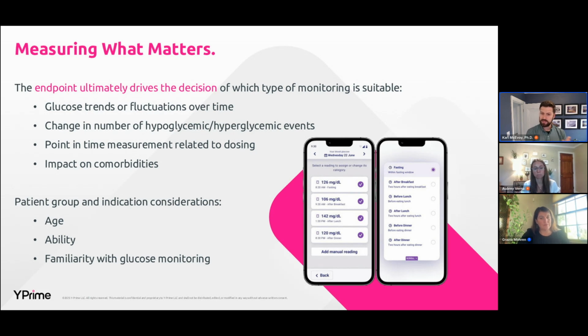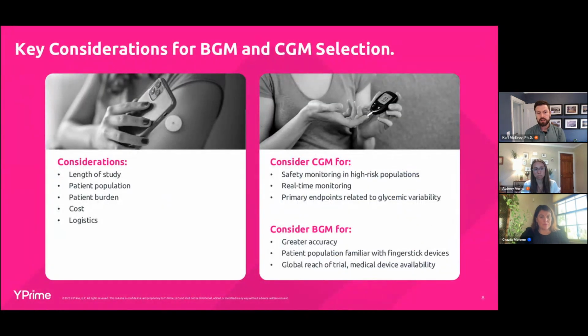Again, we'll explain on the next slide, there's probably a benefit of needing the BGM too for calibration. But we want to make sure that we're covering all of those bases, but suiting the patient's lifestyle and sort of meeting them where they are. And then, of course, familiarity with blood glucose monitoring can have a massive impact as well. And on the next slide, we'll talk a little bit about some of those considerations.